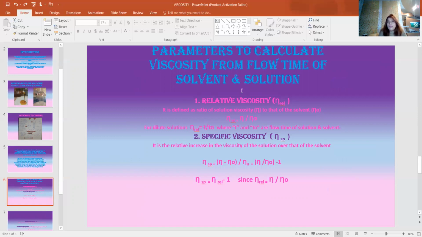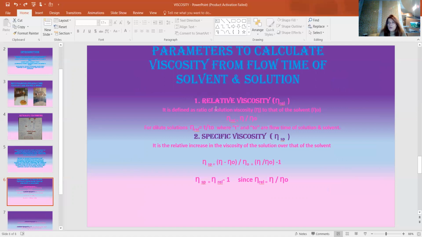It is denoted by eta relative, where viscosity is denoted by eta. And it is simply defined as the ratio of the solution viscosity, eta, to that of the solvent, eta naught.